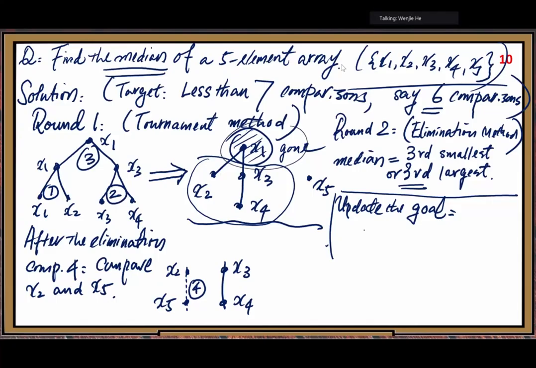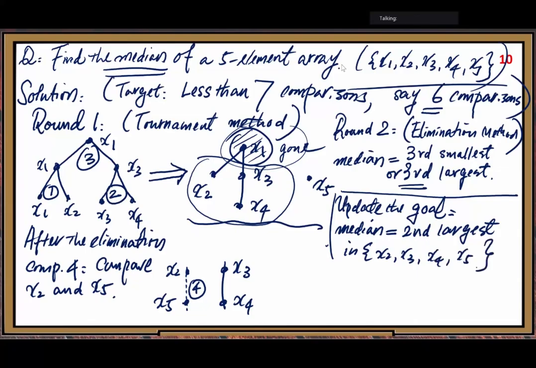So after elimination, the median becomes the second largest in the remaining 4 elements, X2, X3, X4, and X5. So we need to find the second largest in these 4 elements.